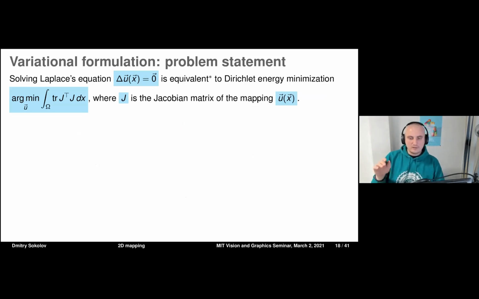We know that solving Laplace's equation, delta u equal to 0, subject to appropriate boundary conditions, is equivalent to solving the variational problem of finding a function u that satisfies the boundary conditions and has the minimal Dirichlet energy.